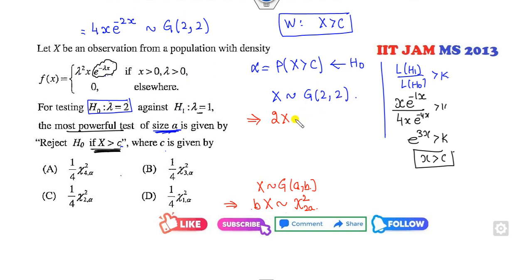Sorry, just wait, I forget the concept. Is the degree of freedom a b or 2b? Let me quickly recall, this will be 2b.